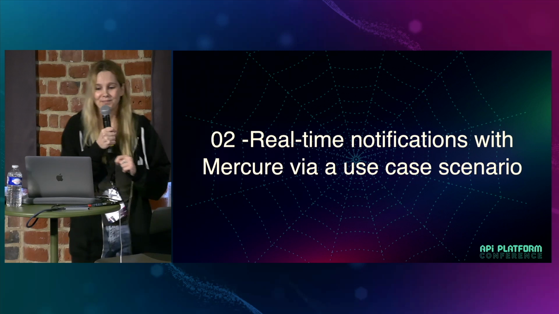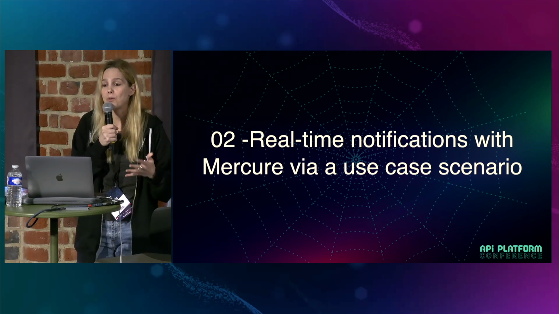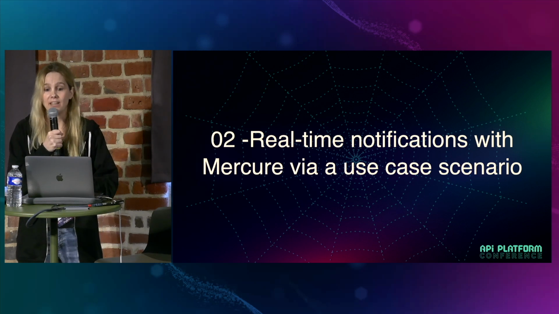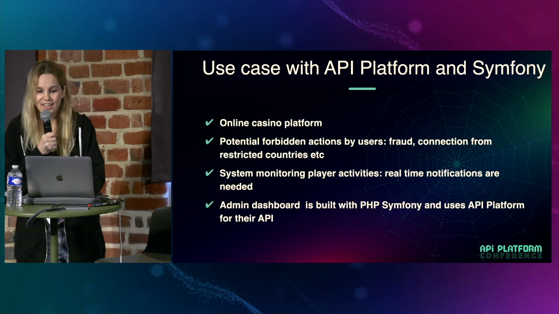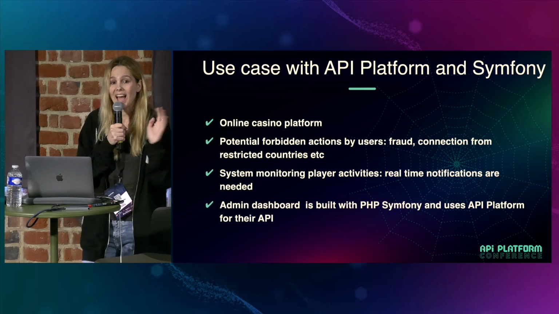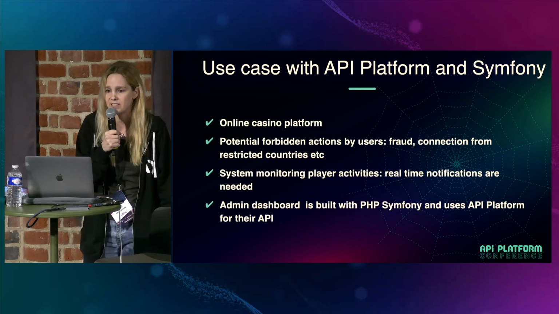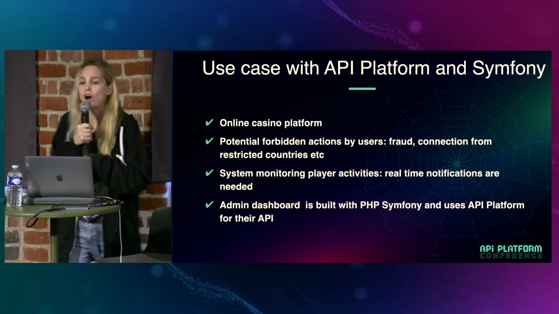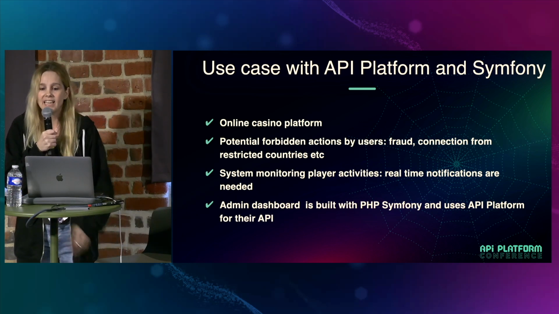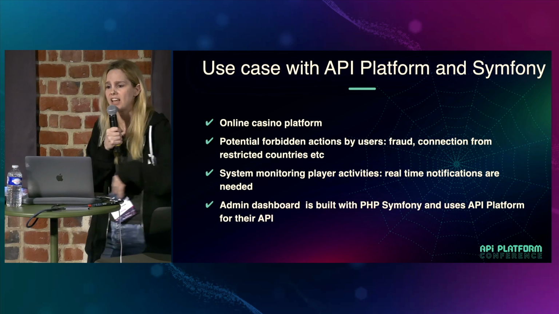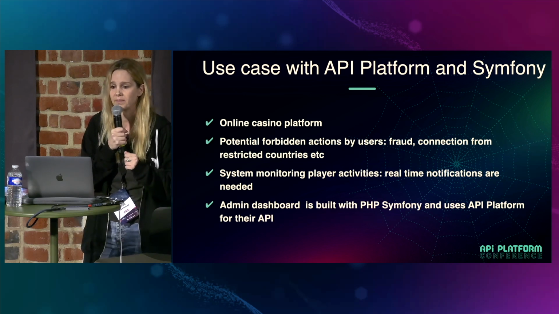So let's dive into how we can use the Mercure protocol with a practical example: an online casino platform. We have a platform where users play online games, and these games come from different providers, each with their own APIs that you can query for game details or other information.